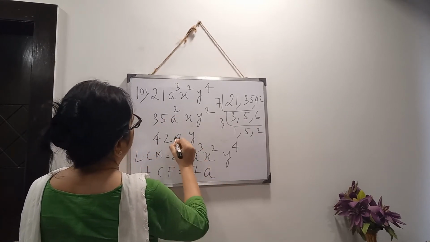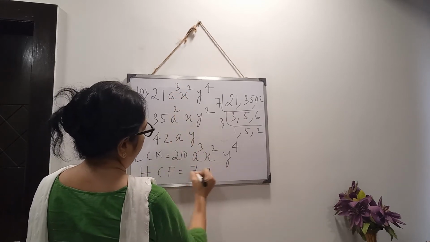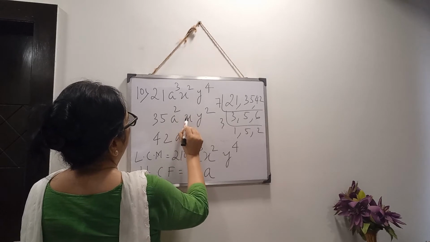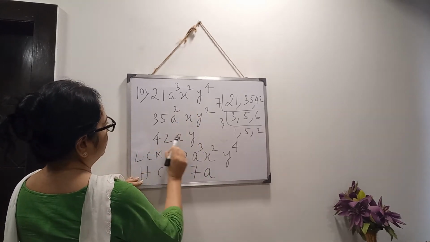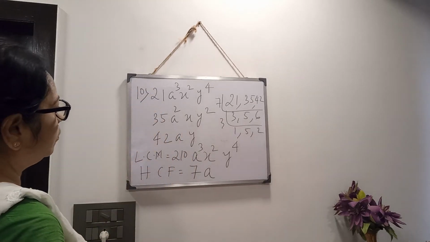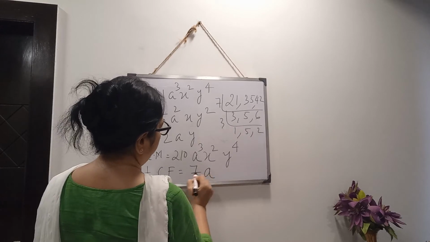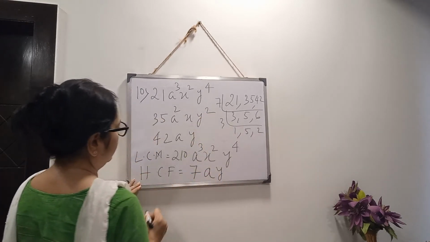And a: what is the lowest power of a? 1, so a. Now see here, x is there, but x is absent in the last term. So this is not common in all the terms, so no x term will come. Clear? And y only this. So your HCF will be this.